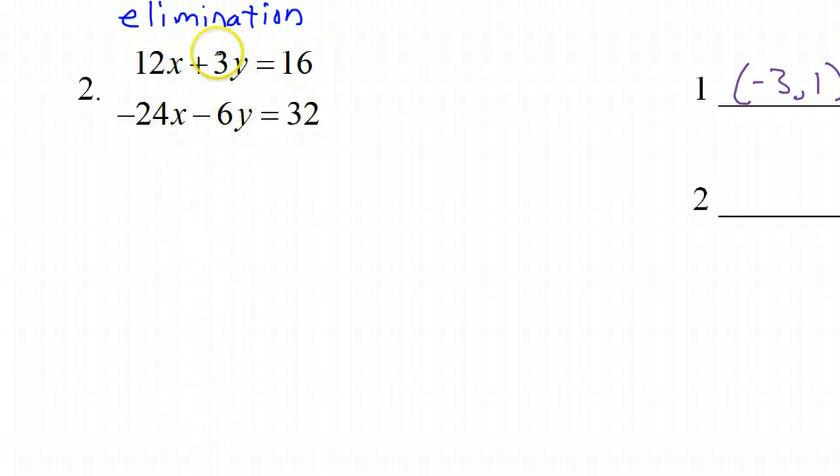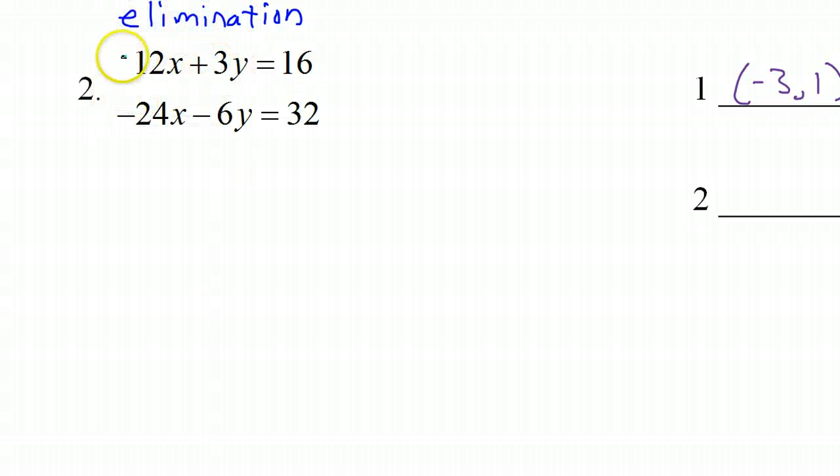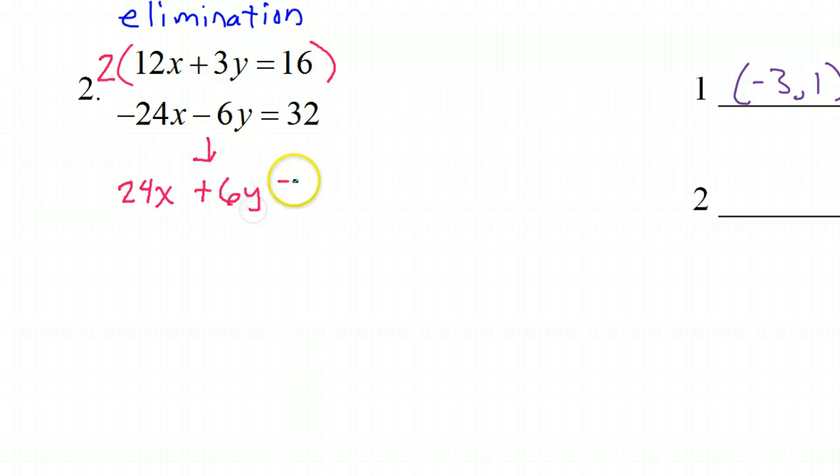Looking at the y's, these would be opposites if this were a 6 instead of a 3. So I can turn this into a 6 by multiplying by 2. Okay, if I do that, then this whole equation is going to become, let's see, 24x plus 6y is equal to 32.